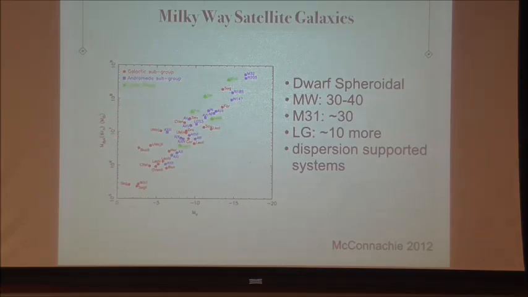And there's a large number of them now. These numbers are probably out of date now, but there's 31 in the Milky Way, 31 in M31, and then there's about 10 that are bound to the local group. What's important about these is that they are dispersion-supported systems. When I talked about the rotation curves, those were rotation-supported systems, so this is a different type of mass measurement that we want to focus on.